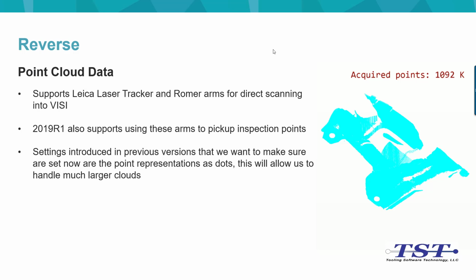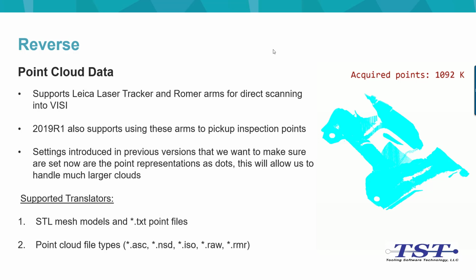In previous versions, they changed the point display from a cross into dots, so the dots make it easier and faster to scan. The supported translators for your point cloud data include STL models, ASC, NSD, ISO, RAW, and RMR.